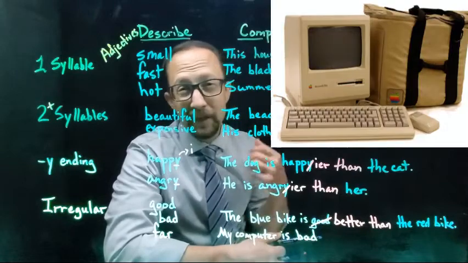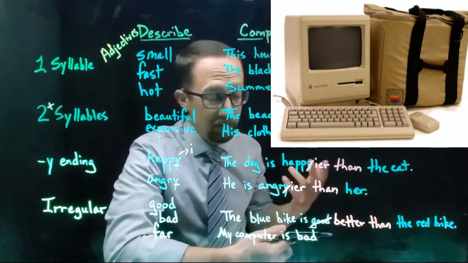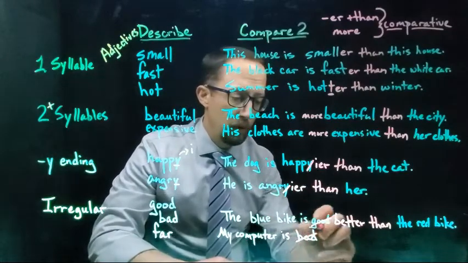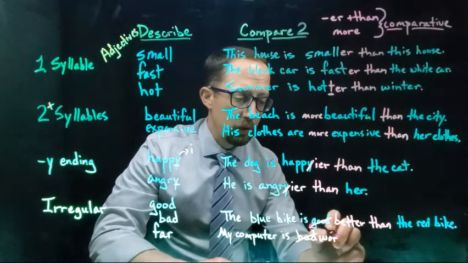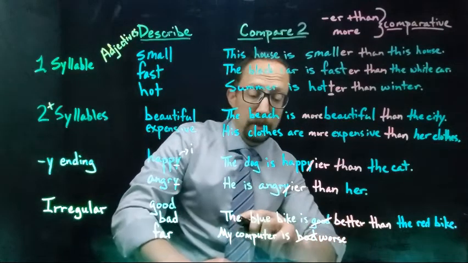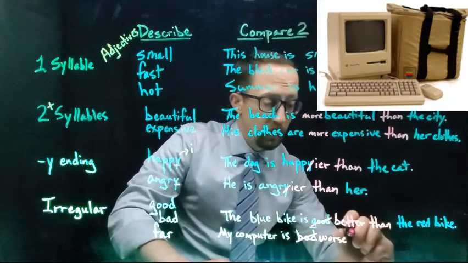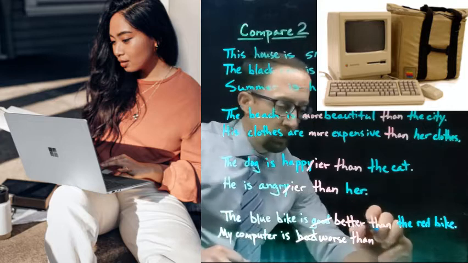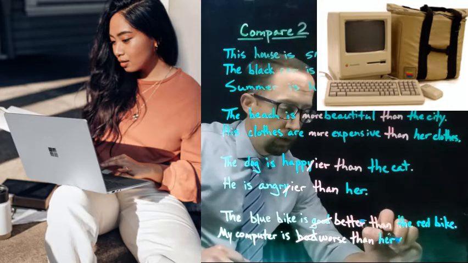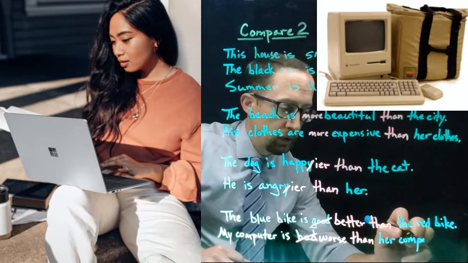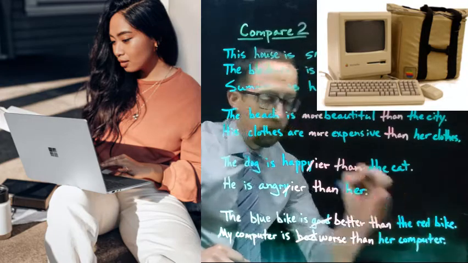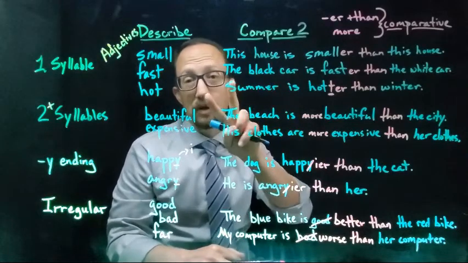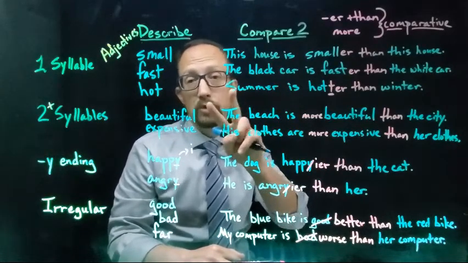My computer is bad. You change bad to worse. So you could say, my computer is worse than her computer. So these are when you compare two things or two people.